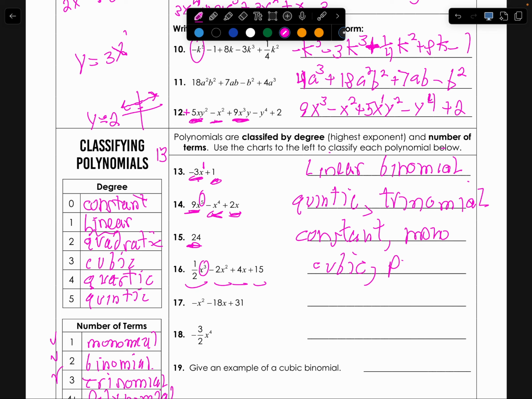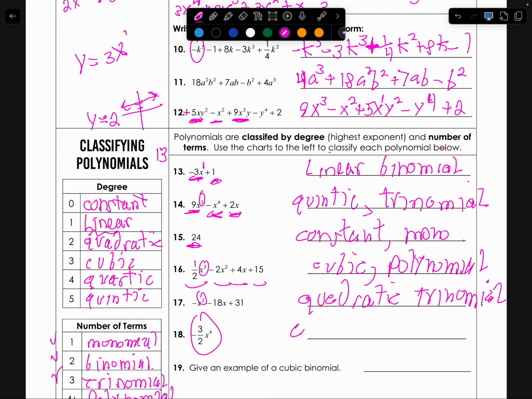So that's a polynomial. This is a 2, so it's a quadratic. And it has 3 pieces, so it is a trinomial. This is a 4th power, so it's a quartic.